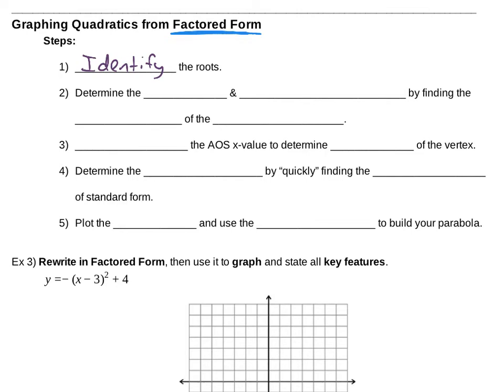That will be finding the AOS, or the same thing as the x value of the vertex. So AOS and x value of the vertex, you're going to use that midpoint of the roots.